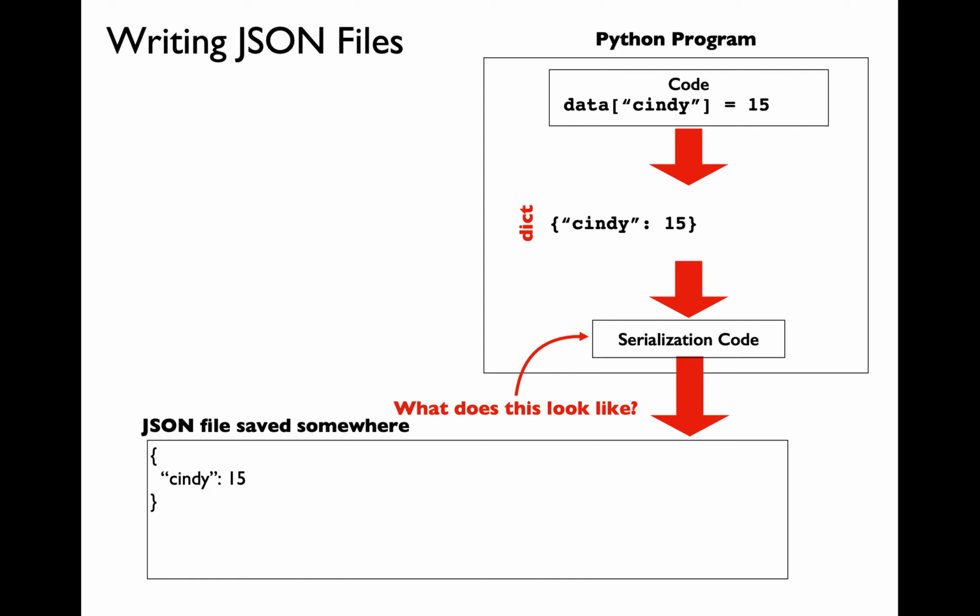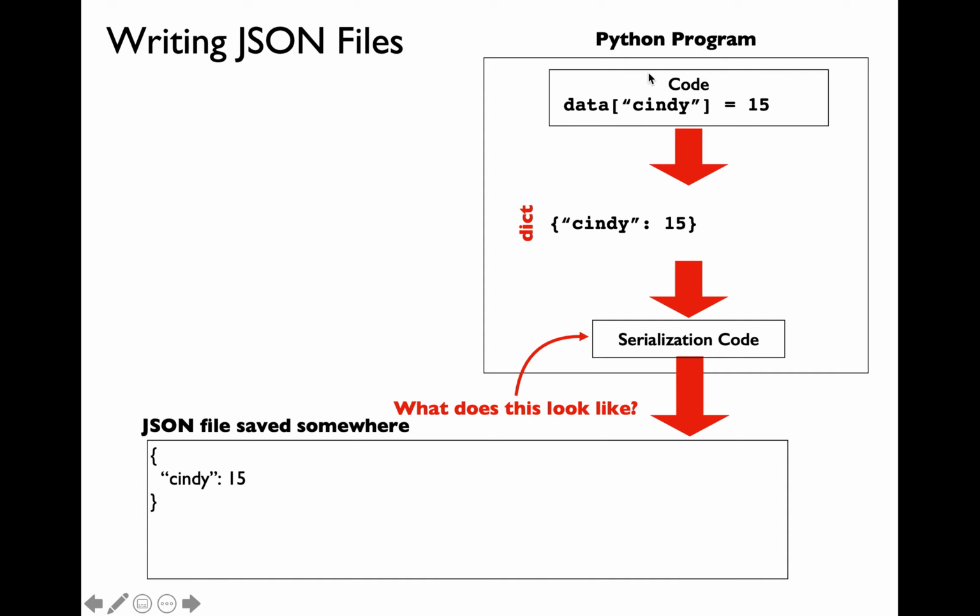Let's talk about writing JSON files. We are going to perform the opposite process when it comes to writing or serialization. We are going to take the data structure from the Python program and we'll be using the serialization code in order to write the data structure into JSON file format.